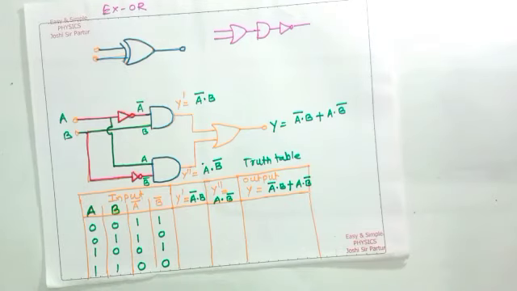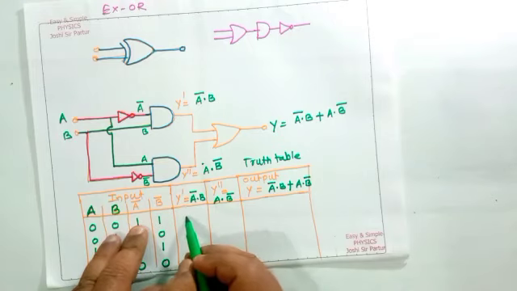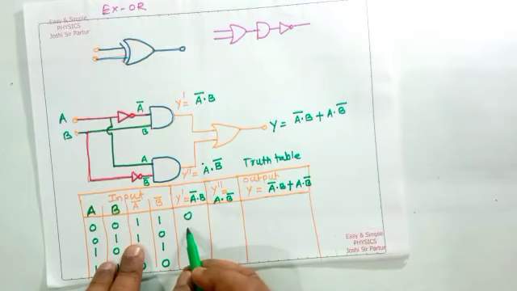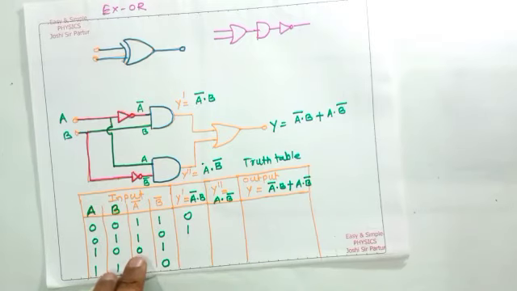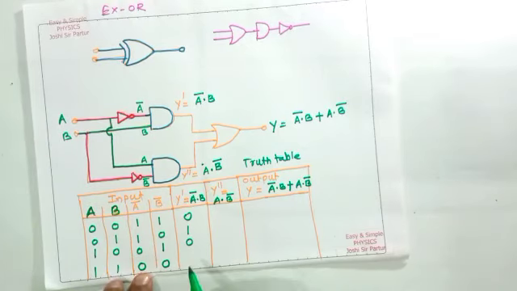So the first Y dash output, complement A and B will be 0, complement A and B will be 1, complement A and B will be 0, complement A and B will be 0.